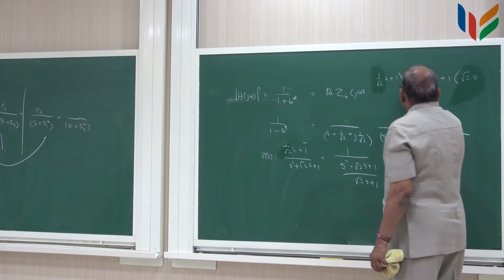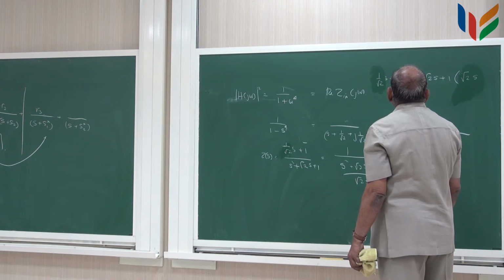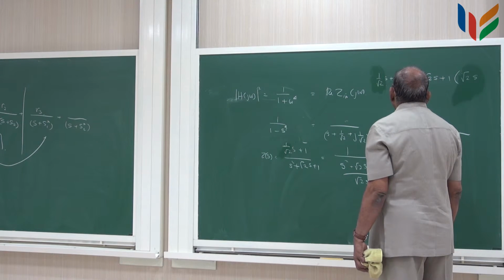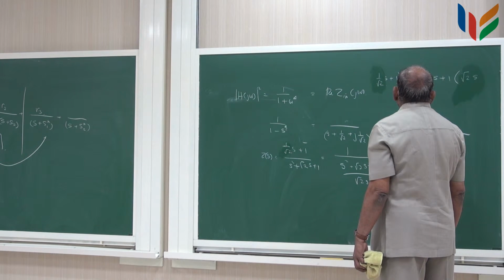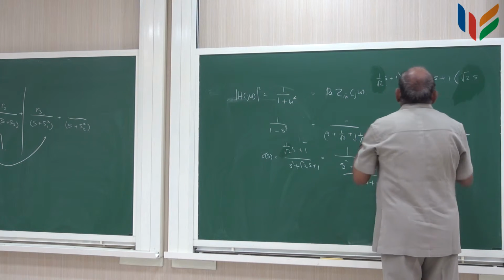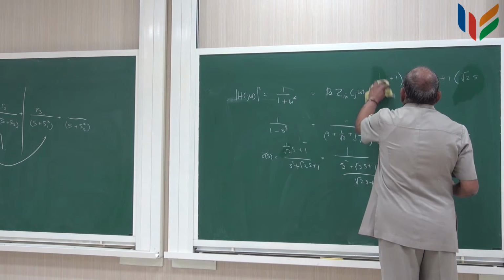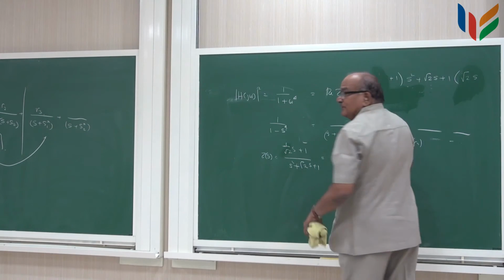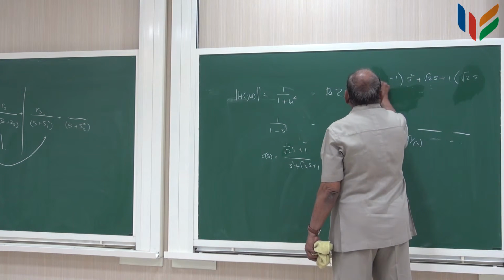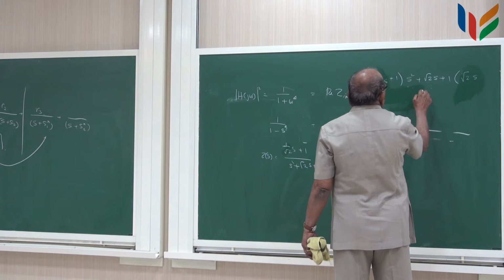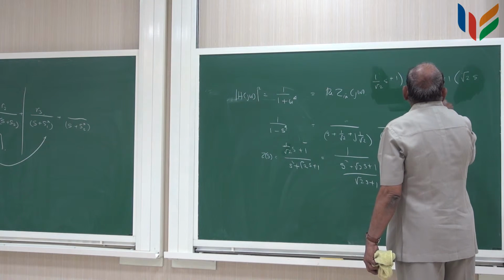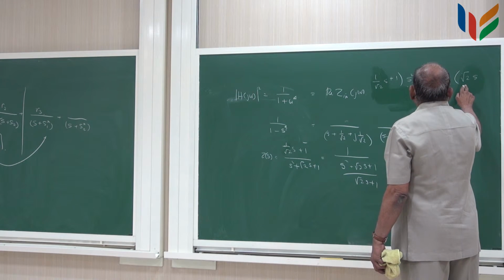So this becomes equal to s². That's also wrong. These two terms should cancel. With that they will cancel. 1 by root 2. How will I cancel? 1 into root 2, you multiply.